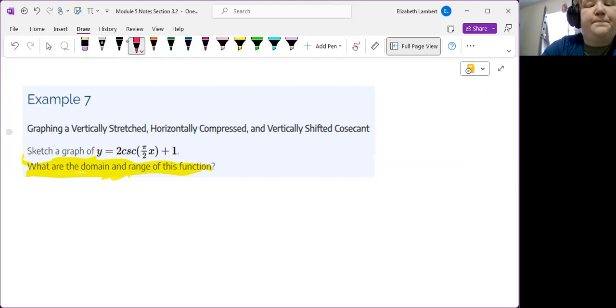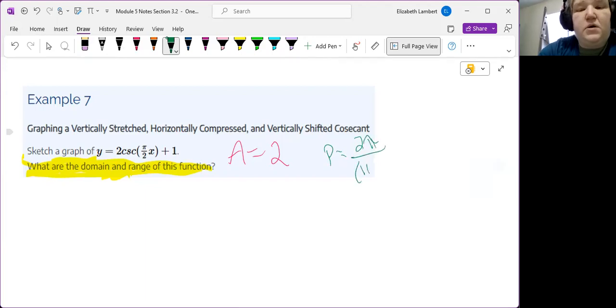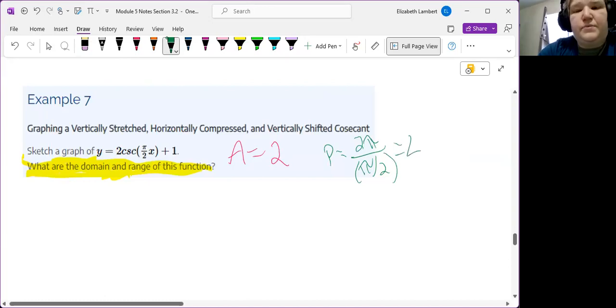All right, so our A number is 2. Our period is 2 pi over pi over 2, so this equals 4. Our period is going to go 4 units wide.